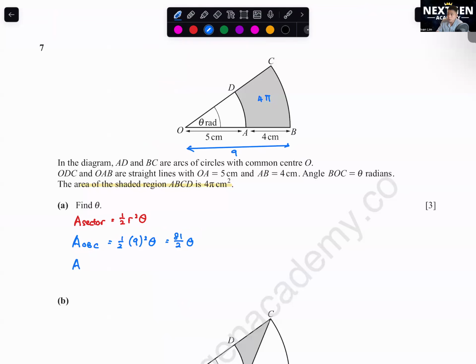Area OAD, we will get half 5 square theta. Here we will get 25 over 2 theta.